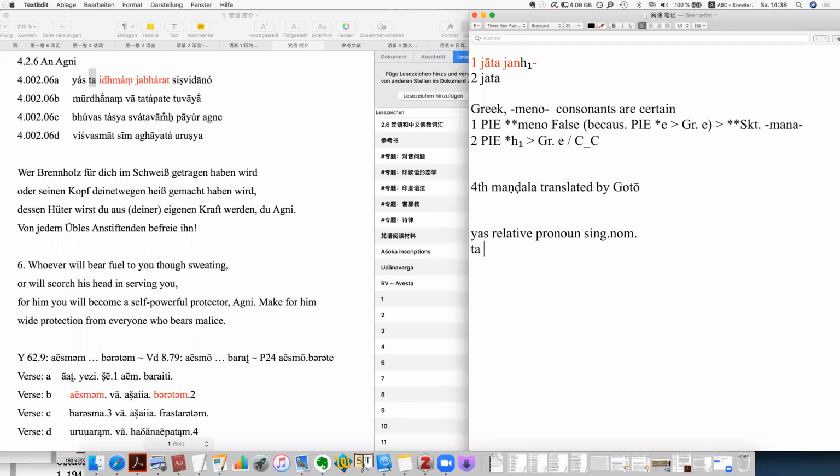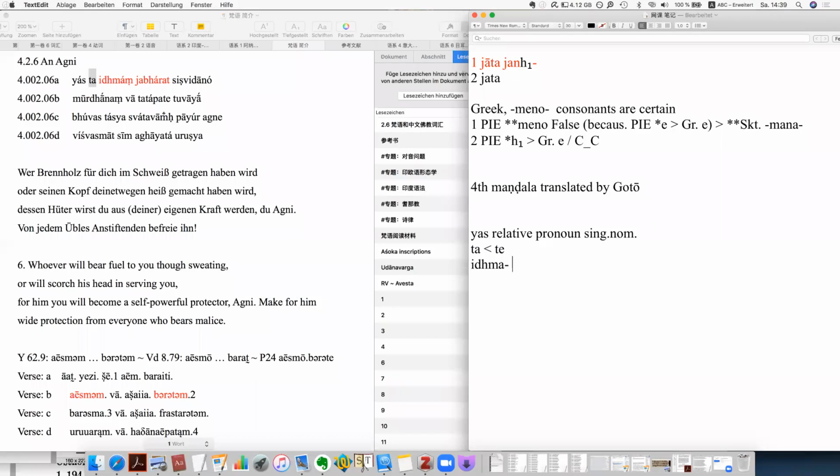And ta from te, and it's actually 2 or 4. I think it's genitive. And then itman. Itman means Brennholz. So itman is from itma, right?